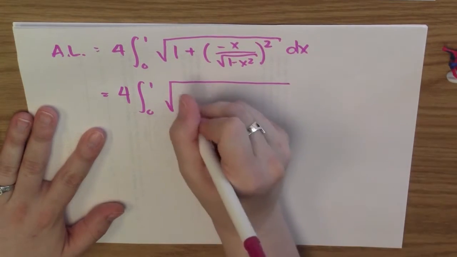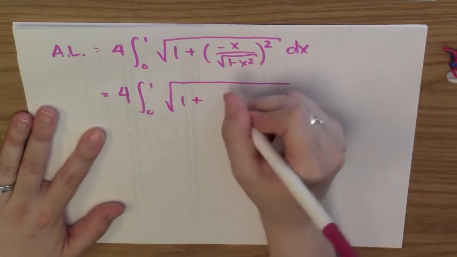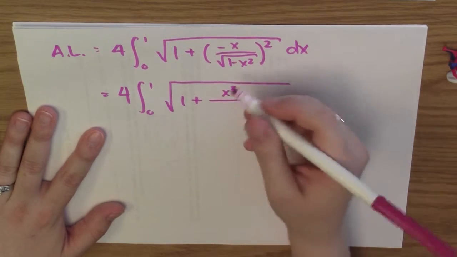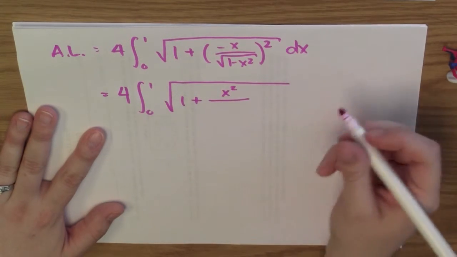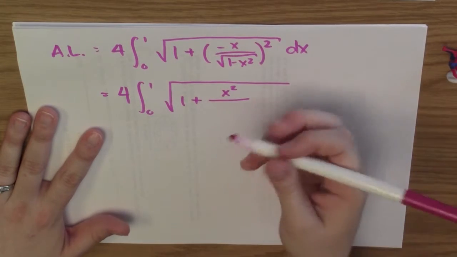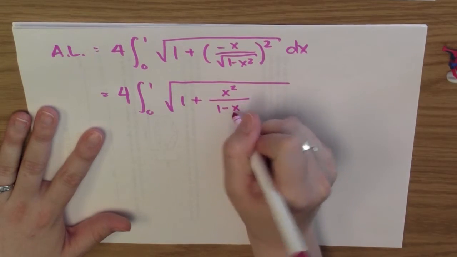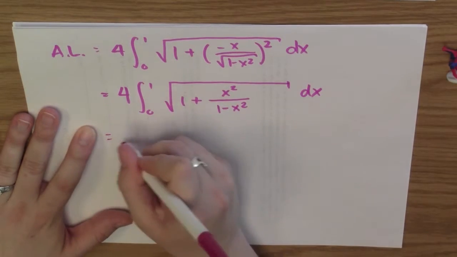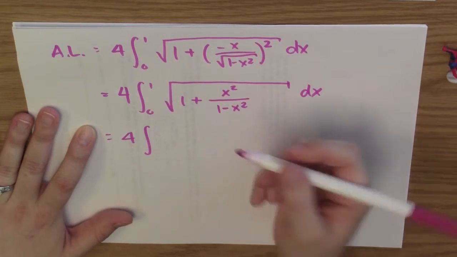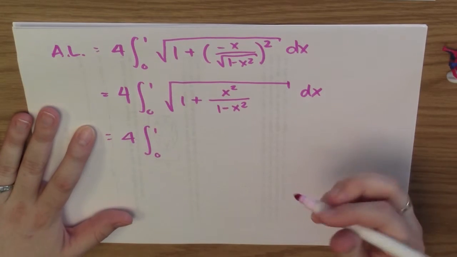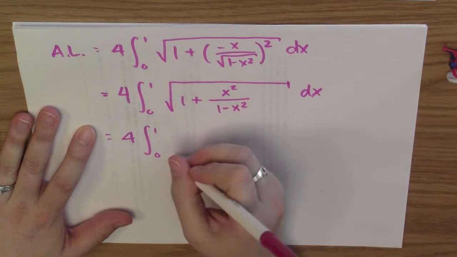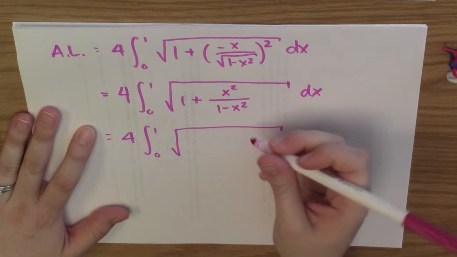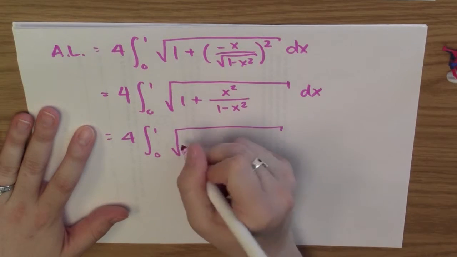This is the square root of 1 plus negative x squared squared, which is just x squared. And in the bottom, the square root of 1 minus x squared, squared; everything is in the first quadrant, so everything's positive, and life is feeling pretty good. That is just 1 minus x squared, so dx. Then I want to combine these all into one fraction. So this is the square root of, what's my common denominator? The denominator here is 1 minus x squared.